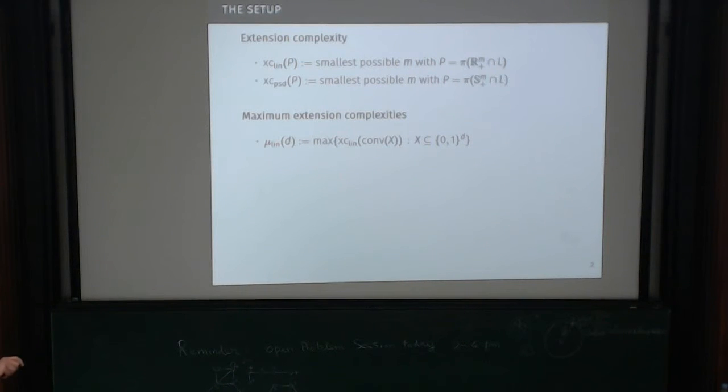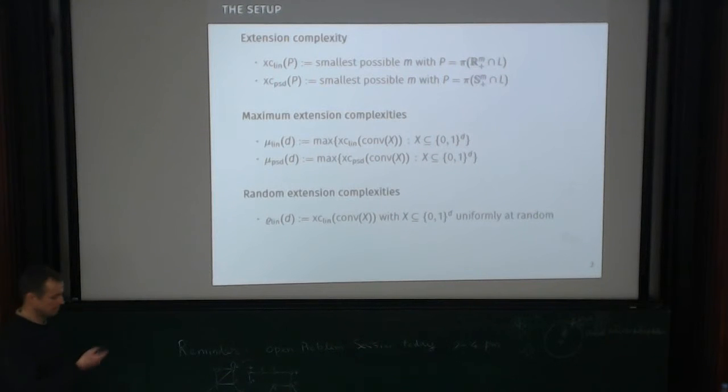First of all, mu lin of d. That's supposed to be the maximum linear extension complexity of any 0,1 polytope in dimension d. And similarly, mu psd of d is the maximum psd, or semidefinite, extension complexity of any 0,1 polytope in R^d. And then, just because it's convenient for making statements about counting, we will talk about random extension complexities.